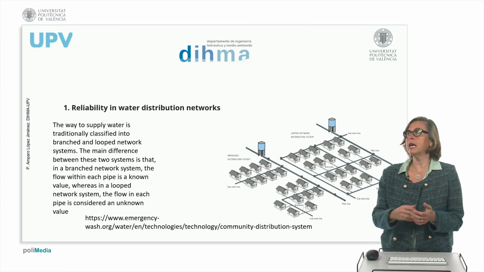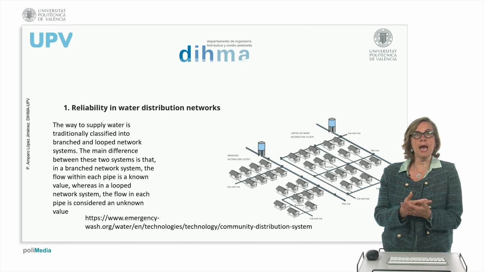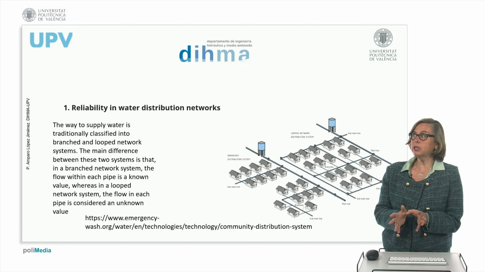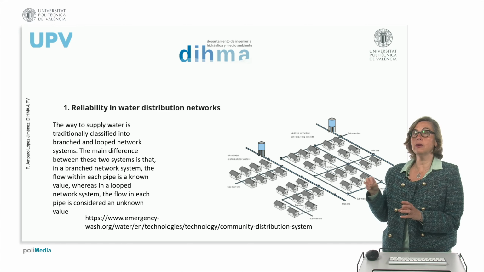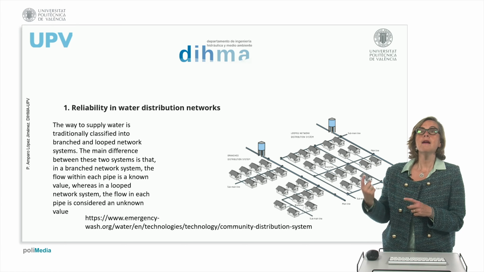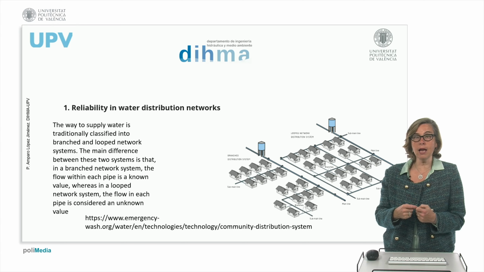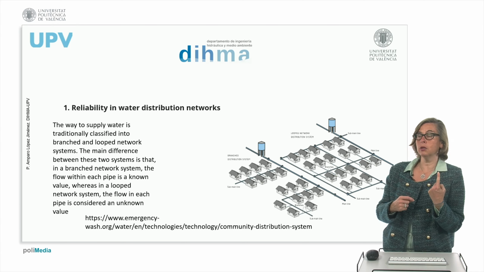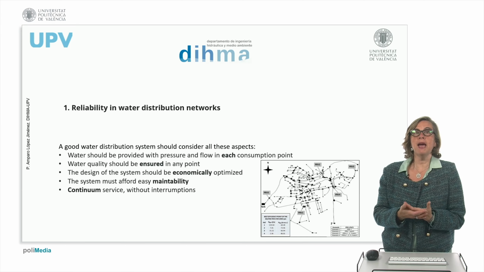So the systems can do this in any way, but mainly they do it in two ways. One is looped systems, with closed loops in which flow can arrive at a consumer by several ways, and the other is the branch system, in which the flow can arrive at the consumers by one way. So, which is the best?